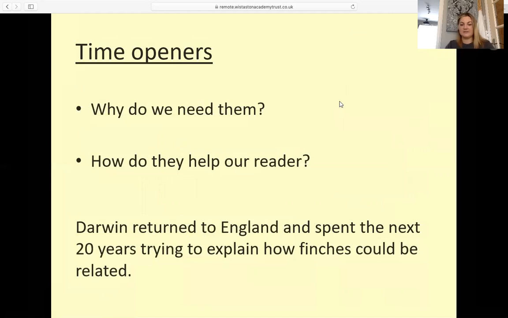So if we look at the sentence, Darwin returned to England and spent the next 20 years trying to explain how finches could be related. How might a time opener help with that? So a time opener could tell us when, what year did that happen? Okay, so it helps create cohesion, it helps create chronology in our writing so our reader understands the order in which things are happening.